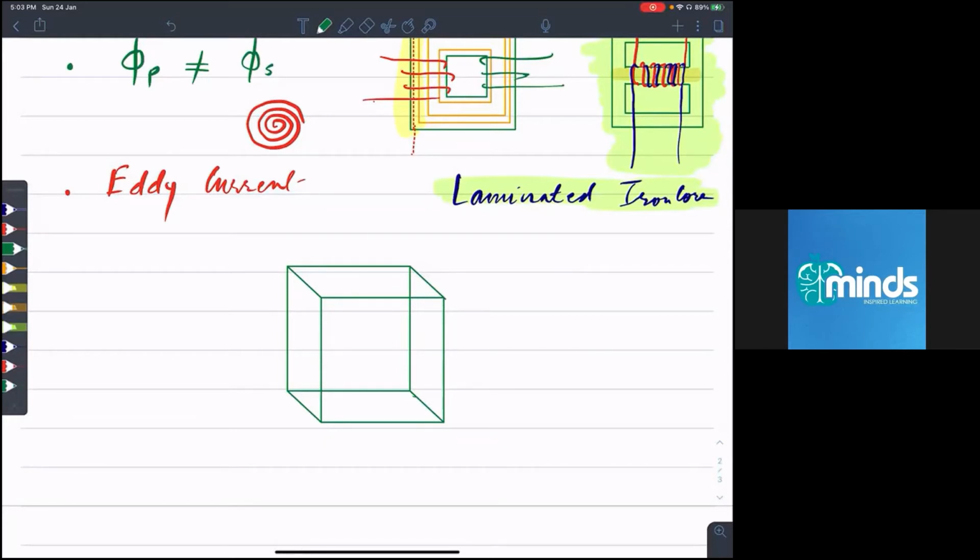When I use the term number of slices, what does it mean? If you have a bread at home, it is a rectangular block, but you divide the entire bread into a number of slices. That is what we are going to do here. We will divide this core into slices.